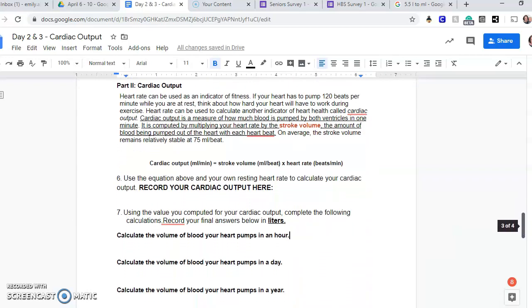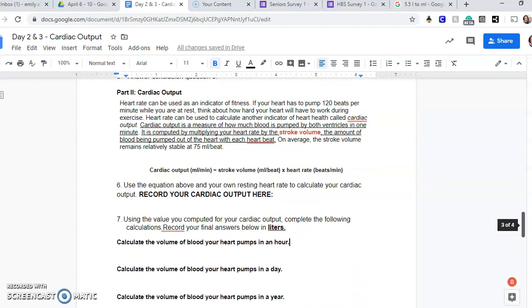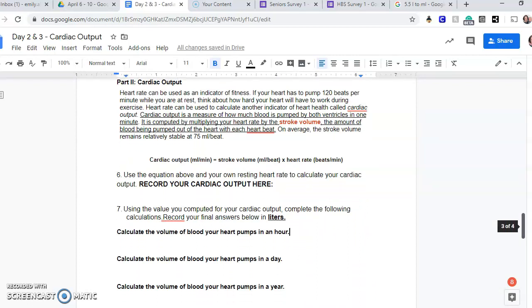So what I am really here for is good old math, because I know some of us are really good at it and some of us struggle, especially whenever we're applying it to something. And so in part 2 is where we're figuring out our cardiac output. As it mentions in this paragraph here, cardiac output is how much blood is pumped by your heart, both ventricles, in 1 minute.